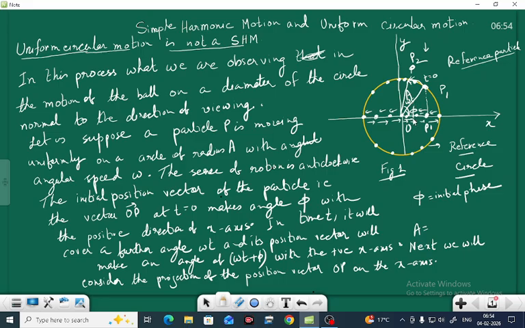This is the value of projection, and this position is x. So the projection will be OP2 dash.